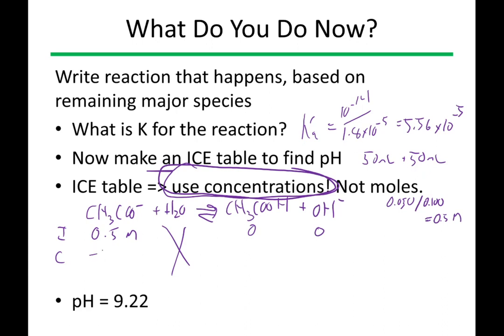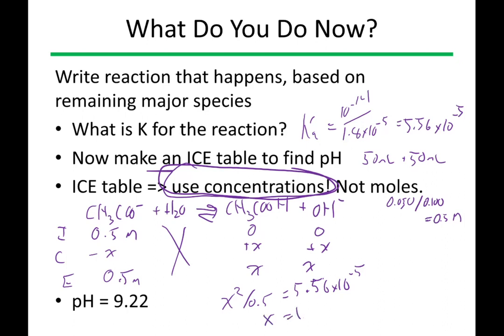So in this equilibrium, we have a minus x, plus x, plus x. And with the small x approximation, we're essentially left with 0.5 molar of the base, and x and x. This gives us x squared divided by 0.5 is equal to the Kb. And when we solve for x, we get x is equal to 1.67 times 10 to the negative 5th.